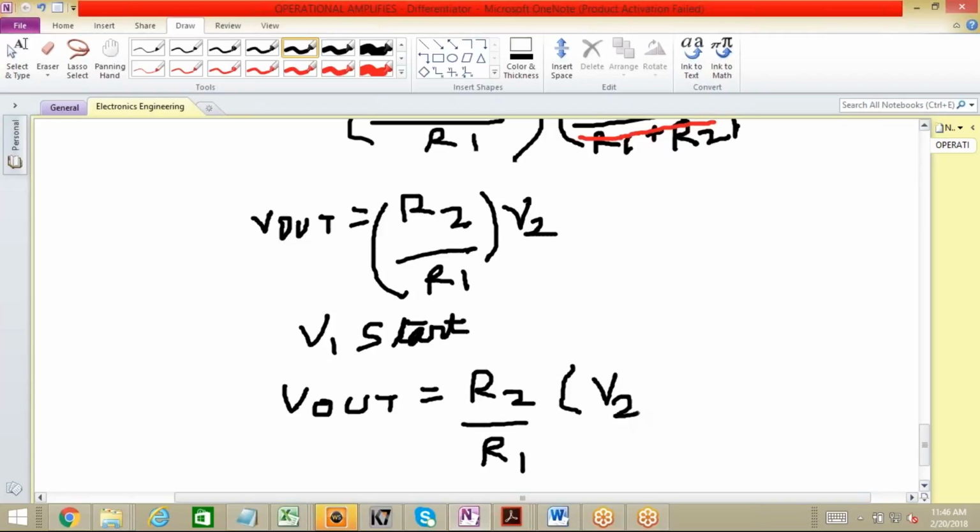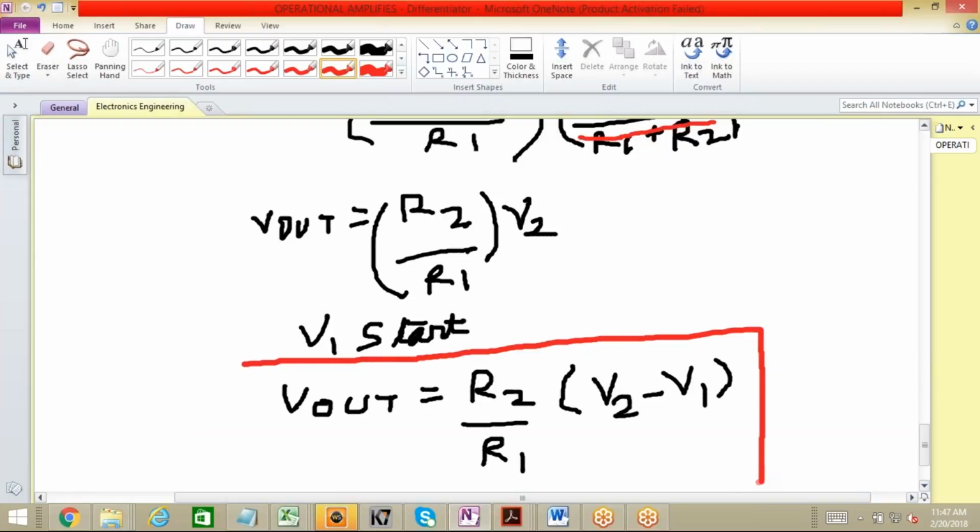And this is the equation for your differential amplifier in the case of an op-amp setup. This satisfies our requirement that the difference of voltages multiplied by some constant factor, which is nothing but R2 upon R1, is provided as an output, and you can control the gain by controlling the values of R2 and R1.